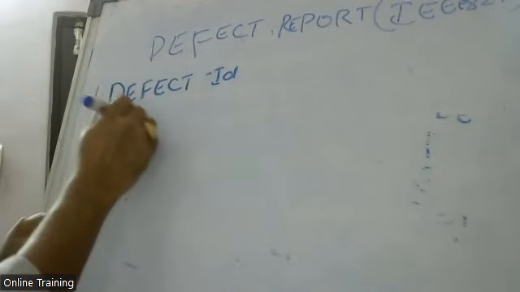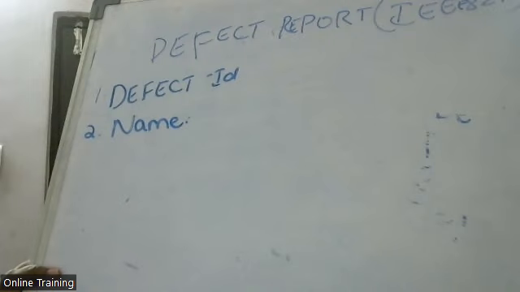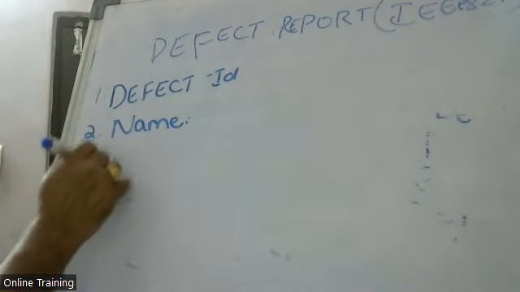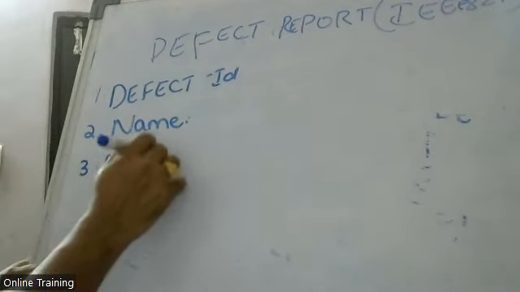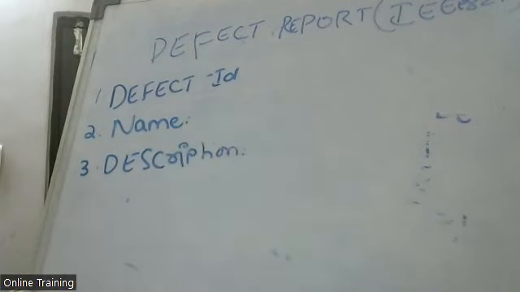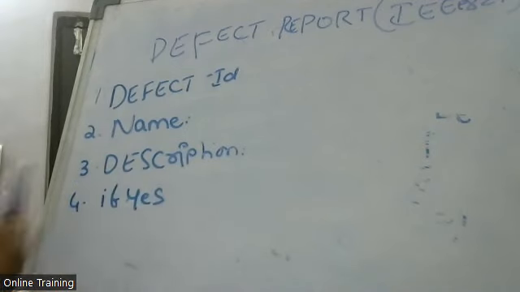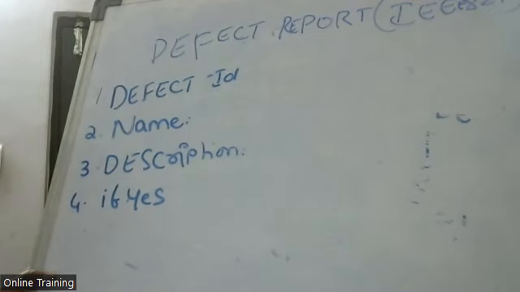Second, name of the defect: why it has failed, for example a window application. What is the name of that window? Next, description: we describe what the failure cases are, what we are testing. If you find any issues, we take a screenshot, give the description, and attach the test case Excel sheets and whatever documentation is needed.